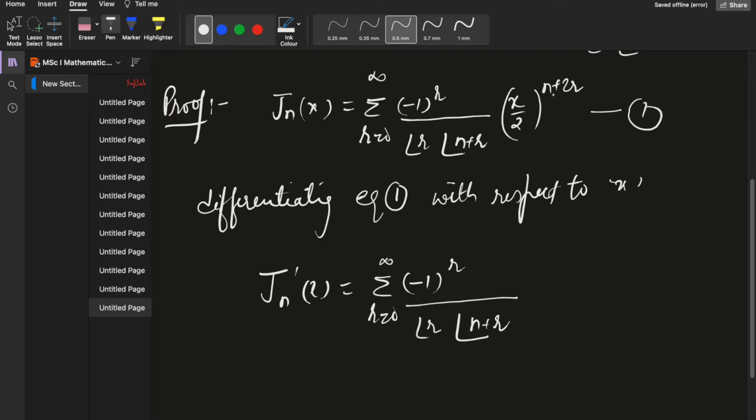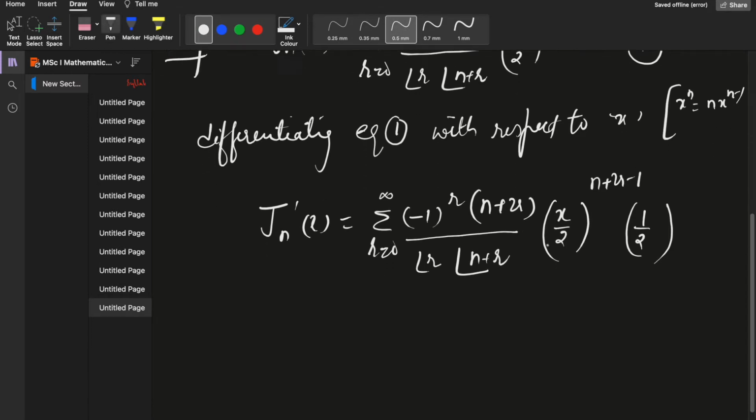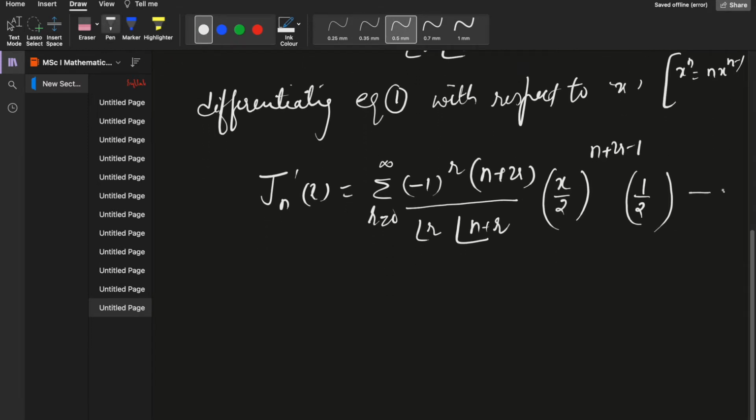If we differentiate x upon 2 to the power n plus 2r, this will give me n plus 2r, and x upon 2 to the power n plus 2r minus 1, and into 1 upon 2. Or we can remember it: differentiating x to the power n gives n x to the power n minus 1. We use this here. Say this is equation 2.